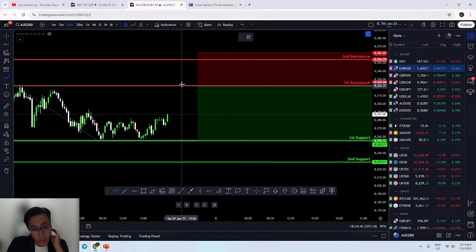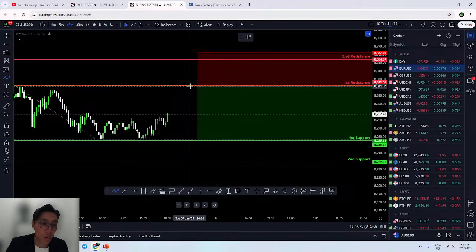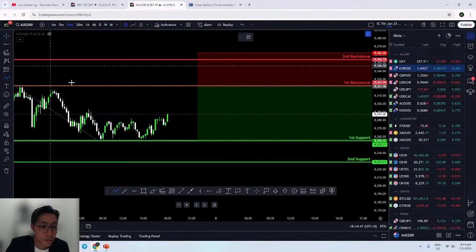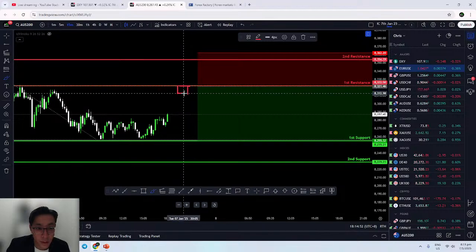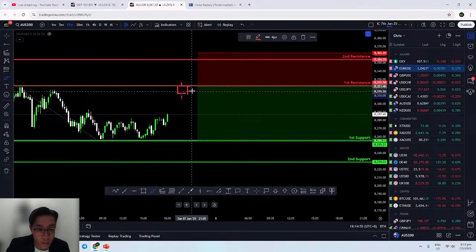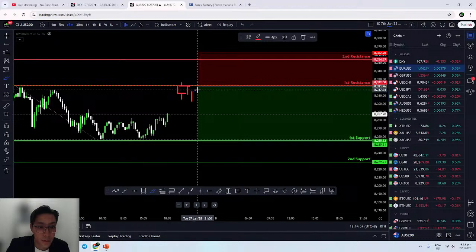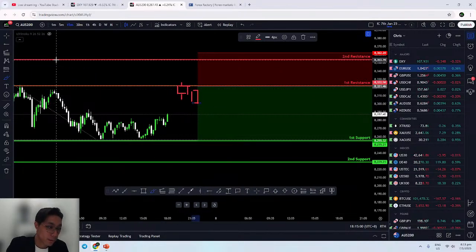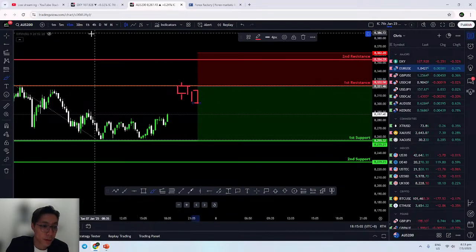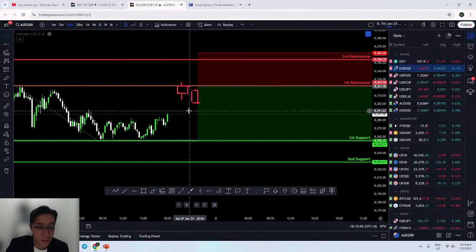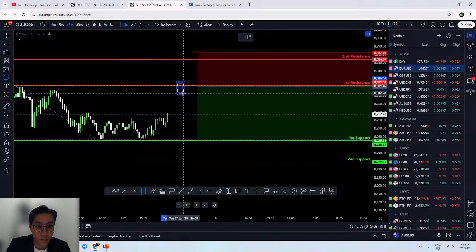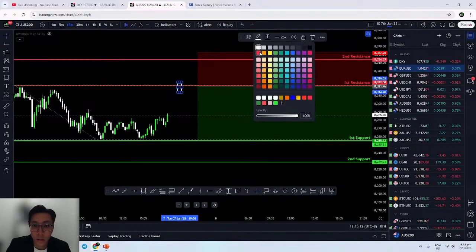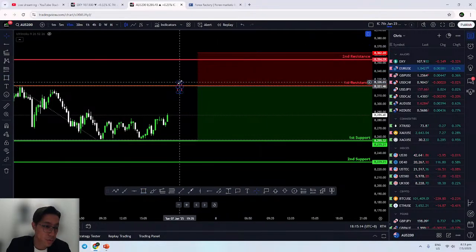If it shows rejection here and the next candle opens below, we can start to enter on the 15-minute time frame. But if price starts to close above, then just ignore this trade.